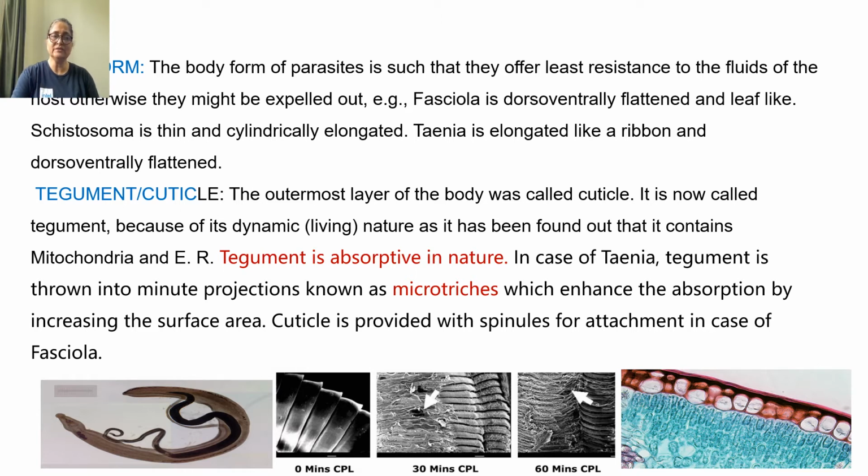Another advantage is the outer covering of their body, that is the cuticle, or you may call it the tegument. This cuticle or tegument is so tough that it cannot be affected by the digestive enzymes released inside the host body.